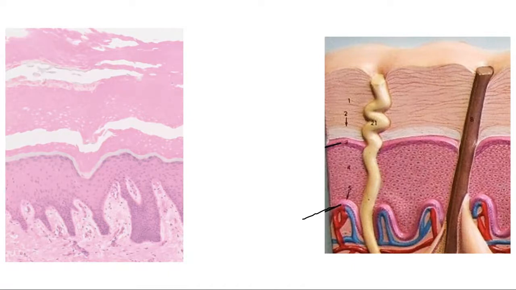When we talk about the layers of the skin, the layers are called a stratum. Let me start with that. Stratum is a layer. So each of these layers has a particular name. They all start with stratum. So I've got my stratum here at the bottom, or the basement layer.